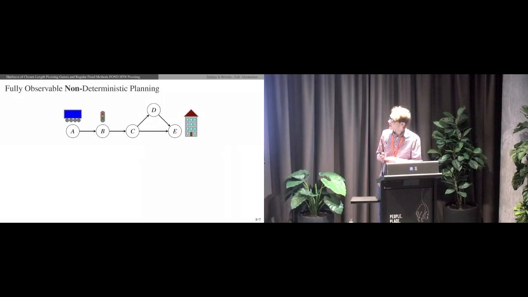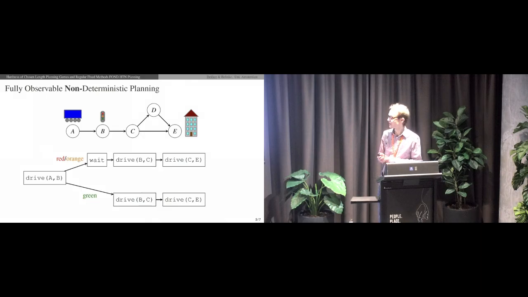Then normally we solve these sorts of planning problems with branching plans. Here, a valid plan is this, for example.